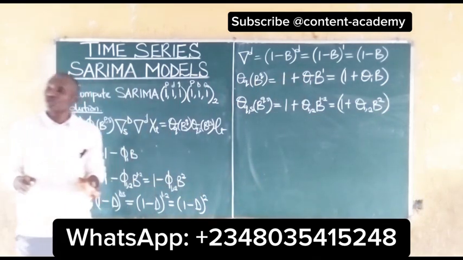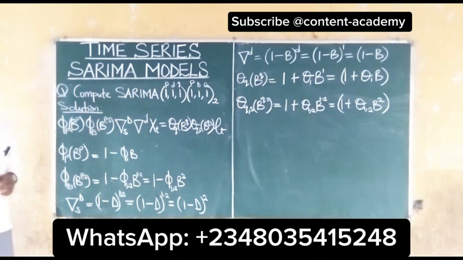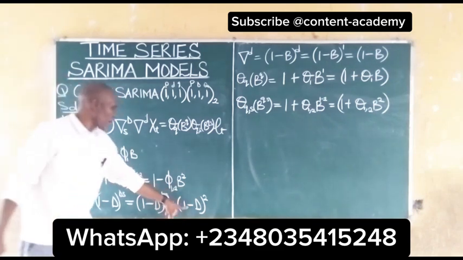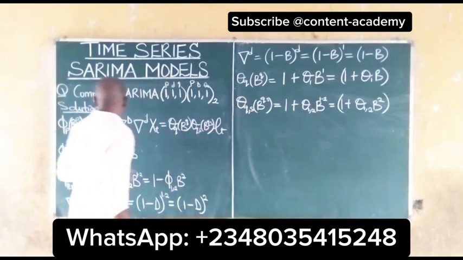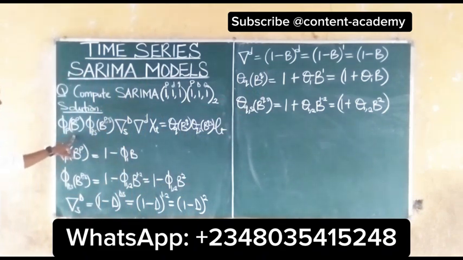So the next thing to do is to now write out our SARIMA model. How do we write out our SARIMA model? We will write our model in this form. Now, the first part we have is the autoregressive part with non-seasonality, which is 1 minus this.